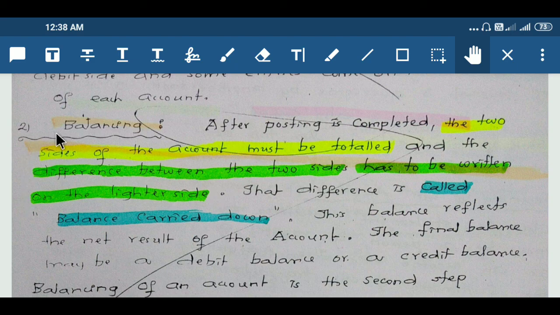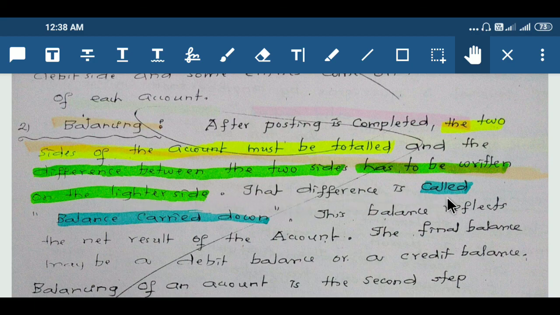Second stage, balancing. After posting is completed, the two sides of the account must be totaled and the difference between the two sides has to be written on the lighter side.